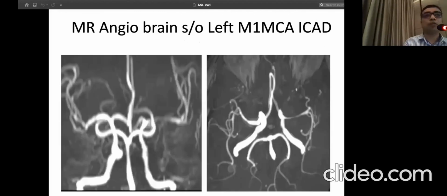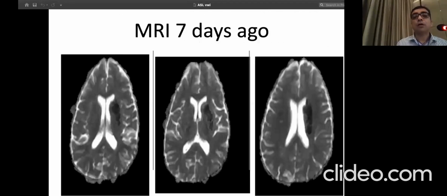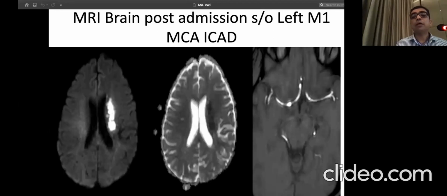So vessel wall imaging, as we all know, was of significant help to us in the extracranial circulation, but for intracranial it was a real challenge to obtain. We'll go to another case: left M1 stenosis with left M1 stroke.